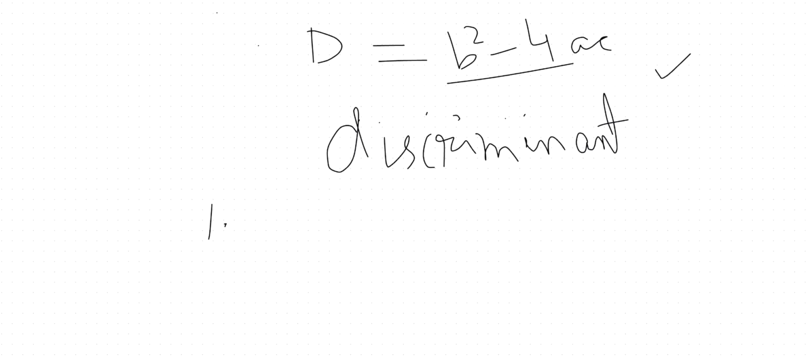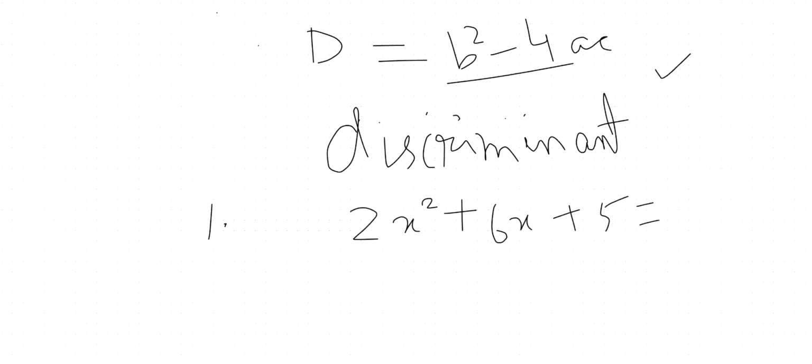All right, so let us see one quick question. The question is 2x square plus 6x plus some number, let's say 5, is equal to 0, right?